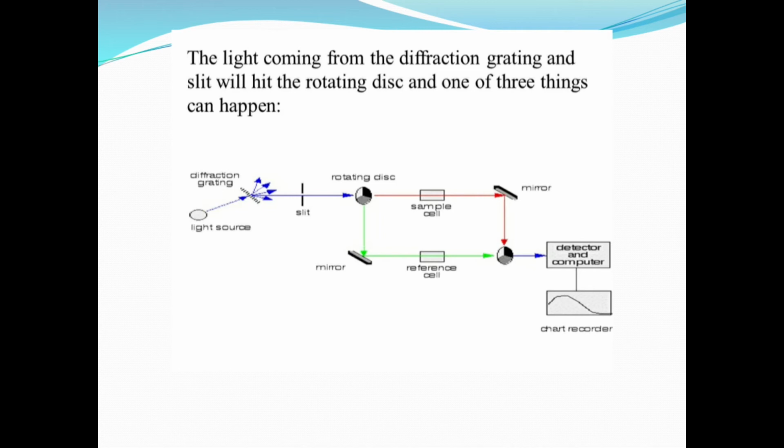In this diagram, when the light source, the blue colored line, hits the slit, it splits into sections. One beam travels through the sample cell by using the rotating disc, and the other travels through the reference cell by using the mirror arranged below the rotating disc. These two light rays are merged at the second rotating disc, and are given to the detector and the computer.